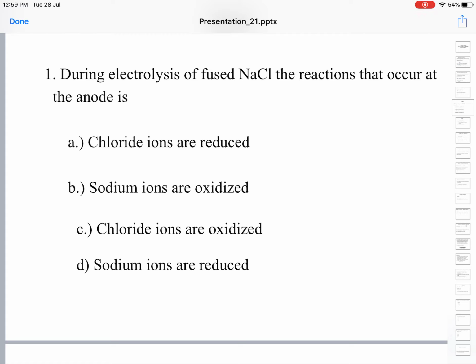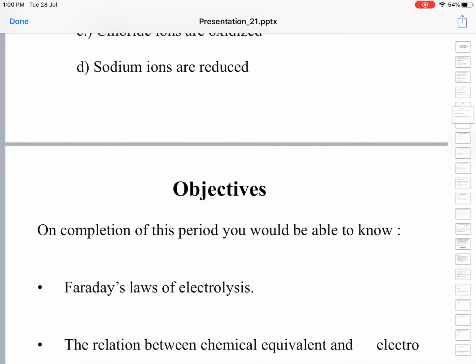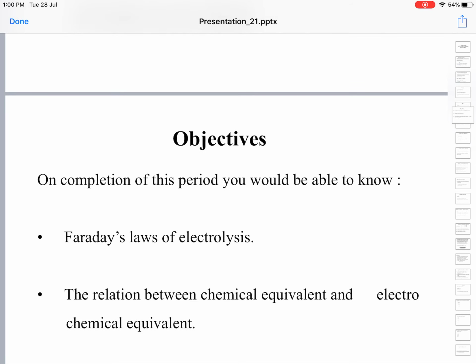They lose their electrons and turn into Cl2 gas, from negative charge to neutral, loss of electrons. Loss of electrons is defined as oxidation. So C is the correct answer. Chloride ions are oxidized at the anode. Okay, about the completion of the period.